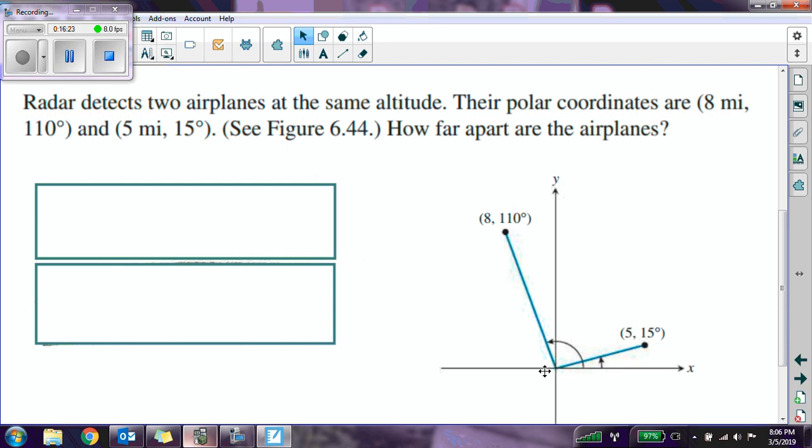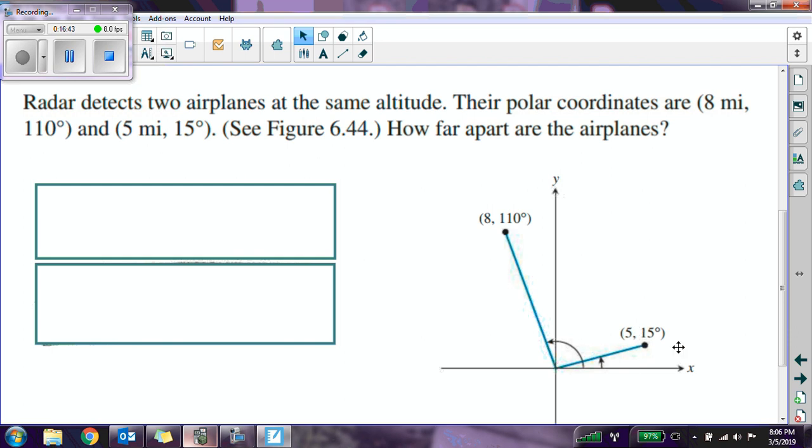In this case, for this particular airplane that is detected, it's telling you from this pole, this is a unit of 8, and it's 110 degrees from the polar axis, the x-axis.